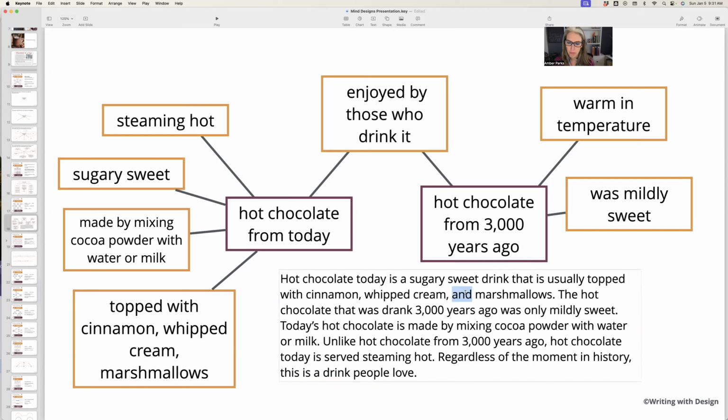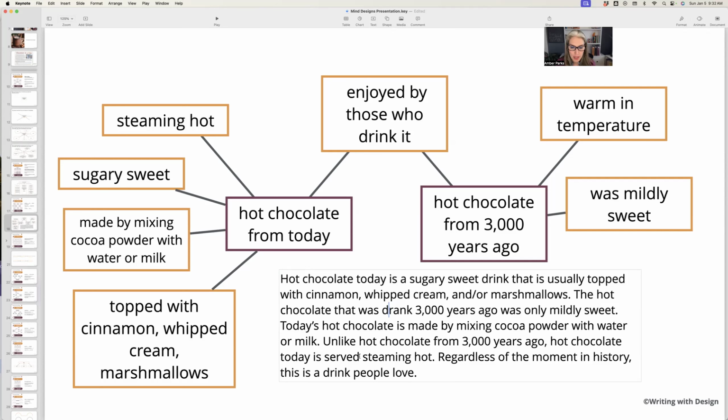Maybe or. And or. The hot chocolate that was drank 3,000 years ago was only mildly sweet. Today's hot chocolate is made by mixing cocoa powder with water or milk. Unlike hot chocolate from 3,000 years ago, hot chocolate today is served steaming hot.